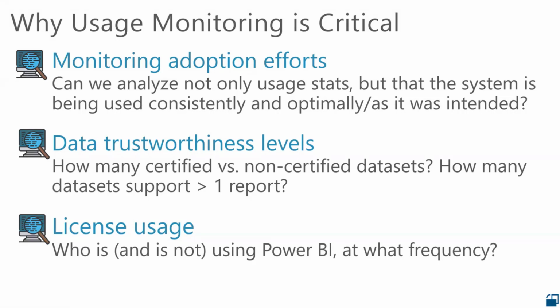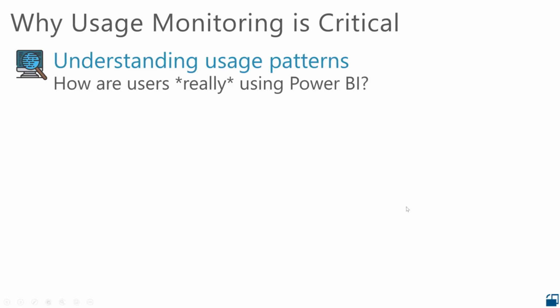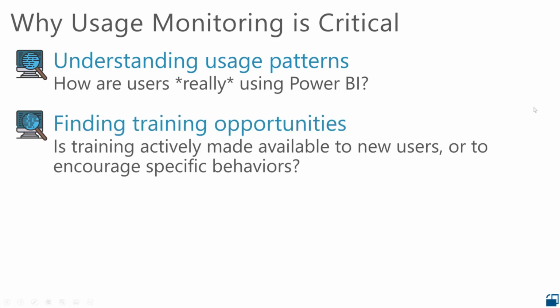Or do we have Pro users that are only consuming that could maybe view everything in Premium instead? Things like that. And usage patterns: do we see perhaps a significant number of subscriptions in place and not very much interactive report rendering? Things like that we can start to understand. Do we have needs that aren't really quite being met? And should we start thinking about doing some refactoring?